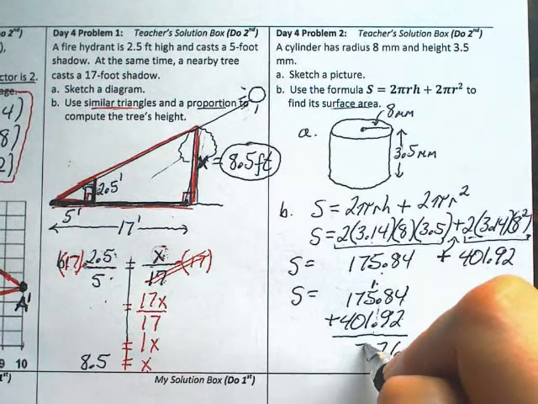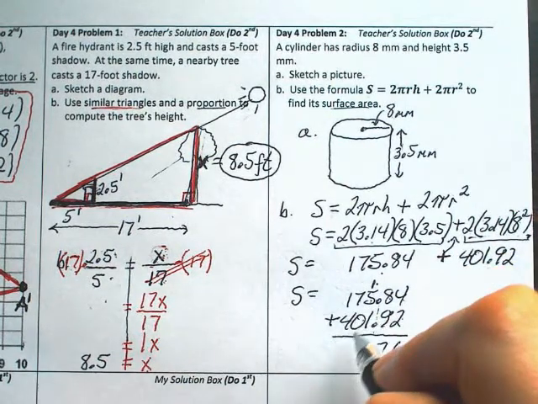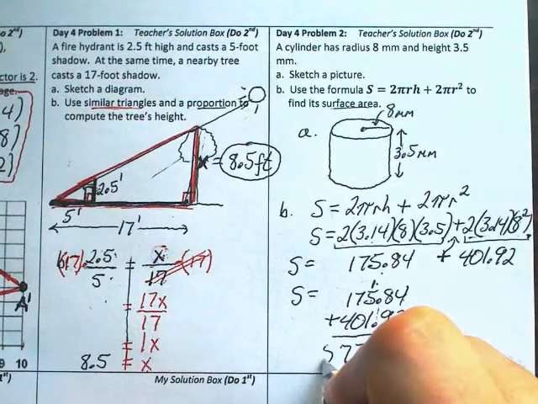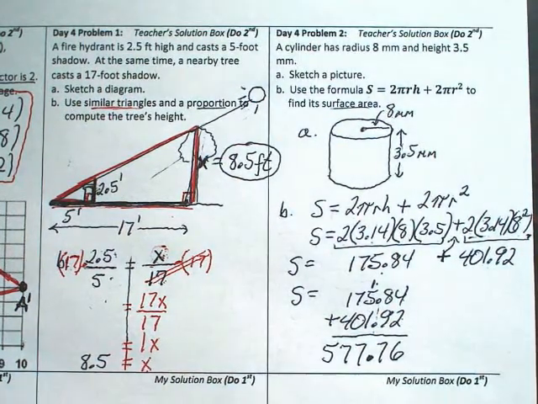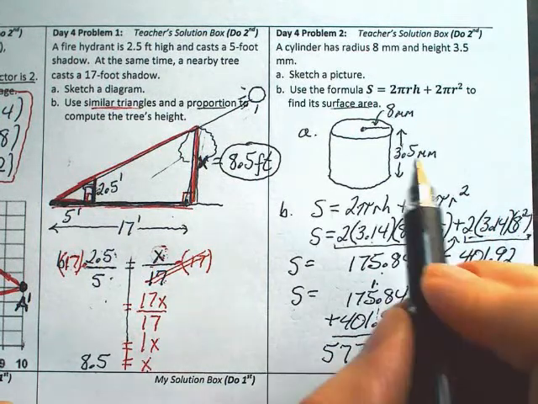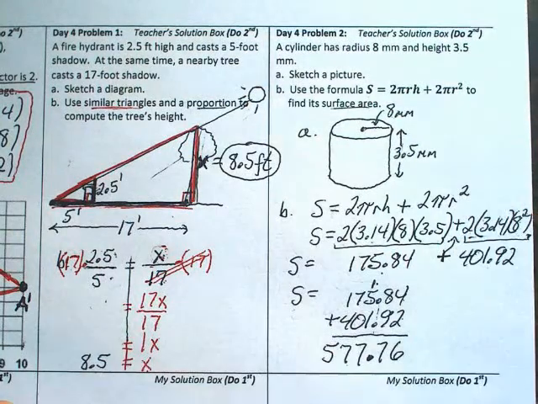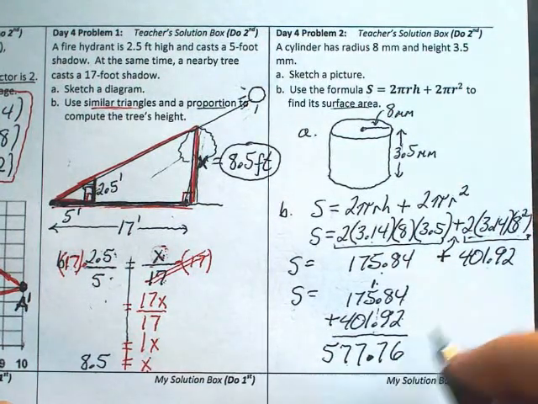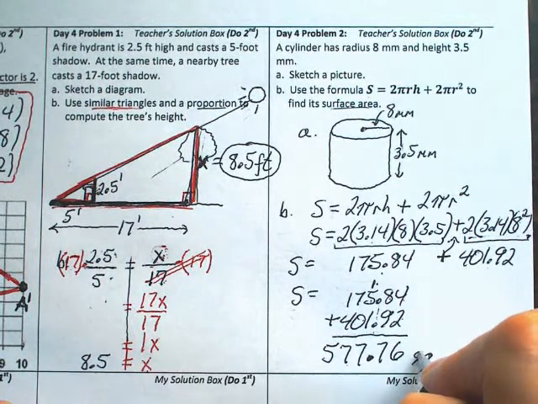Plus the 1 is 7. 7 plus 0 is 7. And 1 and 4 is 5. So our answer for S is 577.76. The variable S is representing surface area, and so we have figured out that the surface area of this cylinder is 577.76 square millimeters.